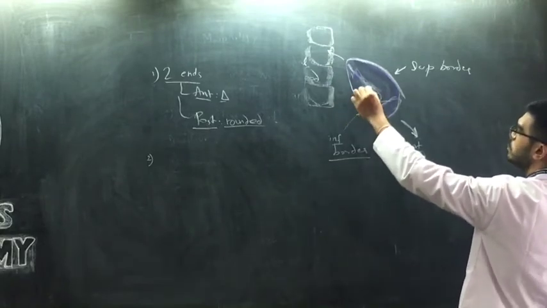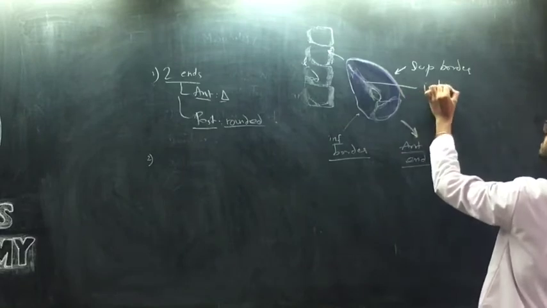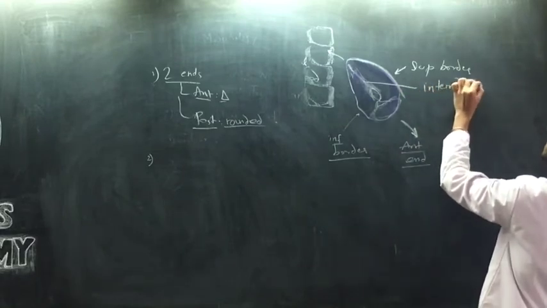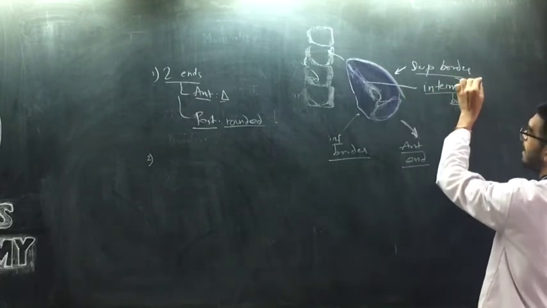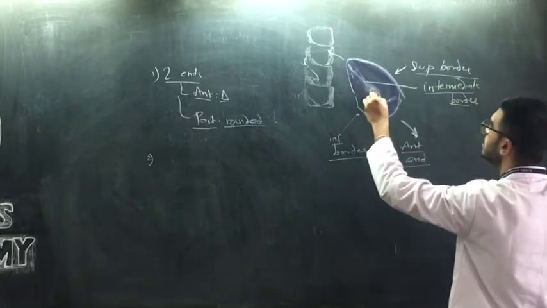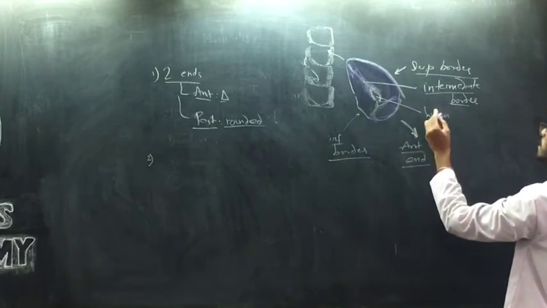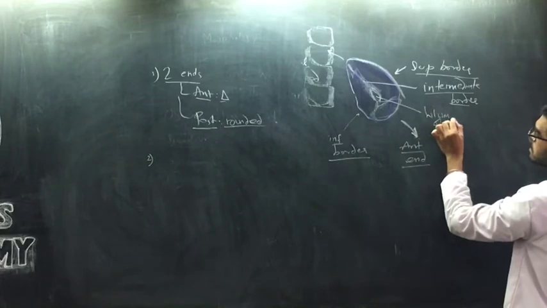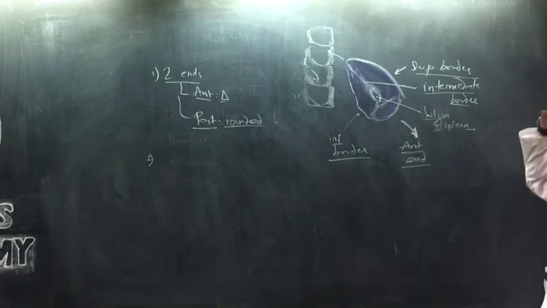It opens up into a little area over here. This is the intermediate border. And this little area is known as the hilum of the spleen. This is where the vessels enter and leave. This is where the nerves enter. This is where the lymphatics leave.